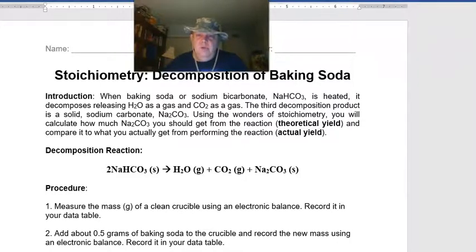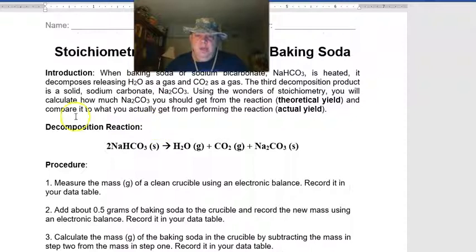If you notice, you have a decomposition reaction. There's our baking soda, and it breaks down into water in the form of steam, carbon dioxide in the form of a gas, and this is what we're going to actually measure: Na2CO3, sodium carbonate.